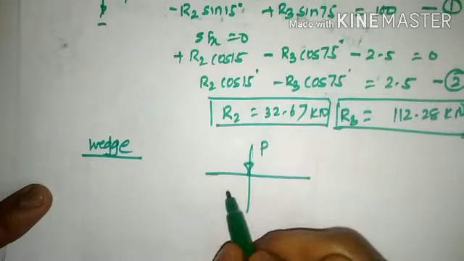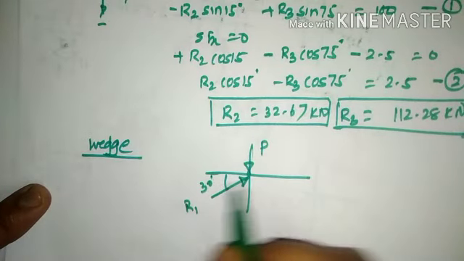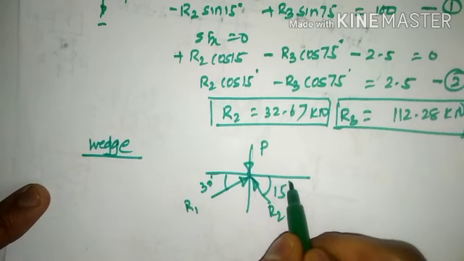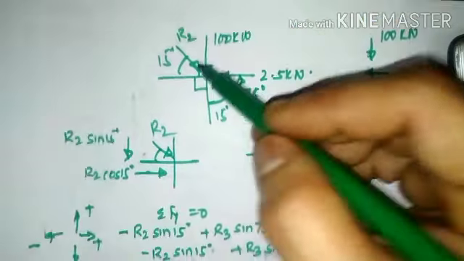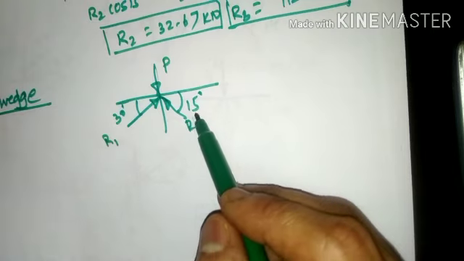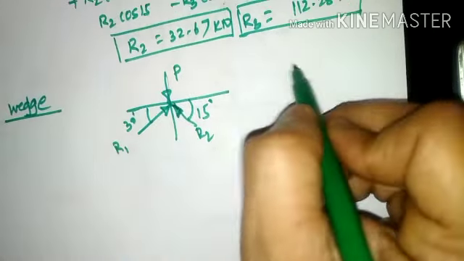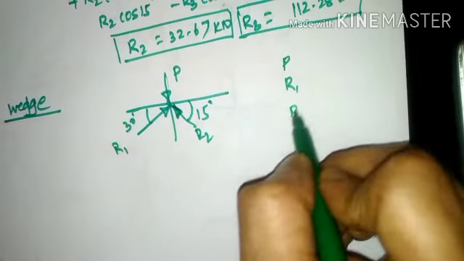So show this particular force R1 here, which will subtend an inclination of 30 degrees, and R2 which will subtend an inclination of 15 degrees. You are going to place R2 in the fourth quadrant by making an inclination of 15 degrees. Now here, to make use of Lami's theorem, there are three forces here, P, R1 and R2.